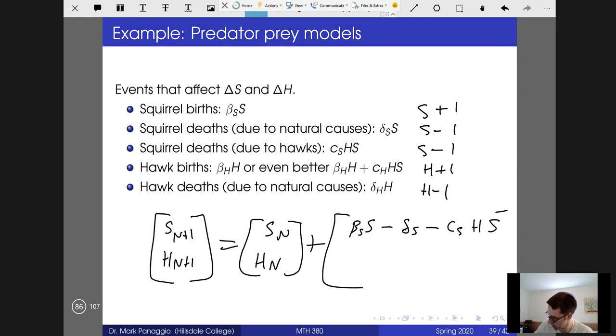And notice again, I put the signs in so that the things that increase the population get a plus sign, the things that decrease the population get a negative sign. And for the second equation, we would have beta h times h plus ch times hs minus delta h. All right, so there's our model describing the change in both populations.